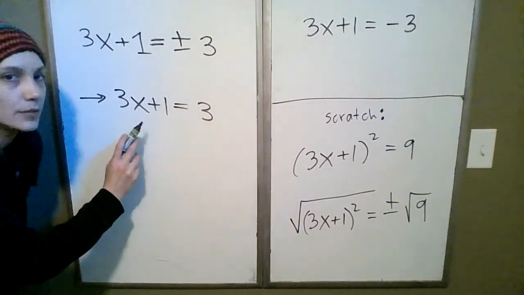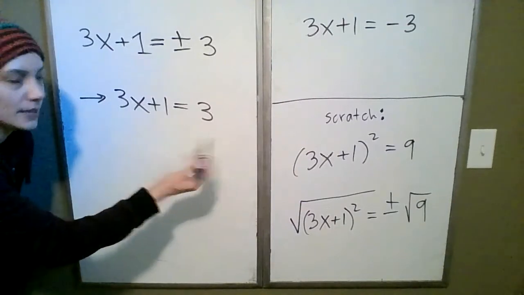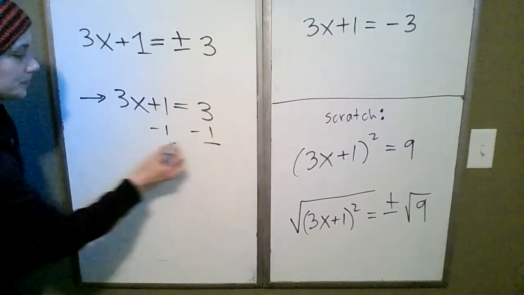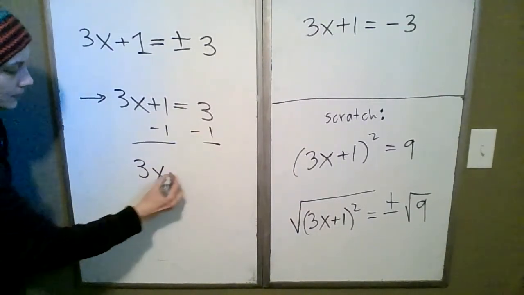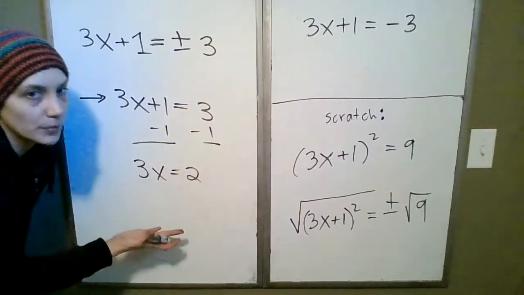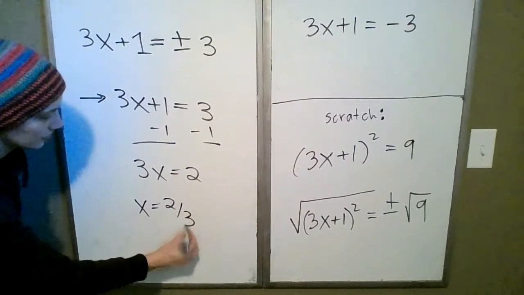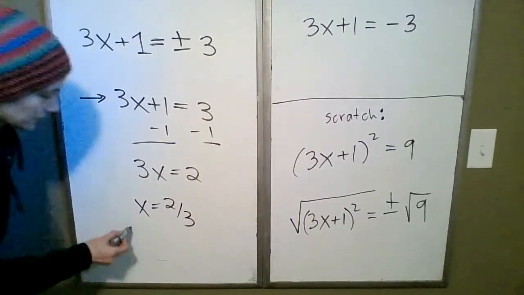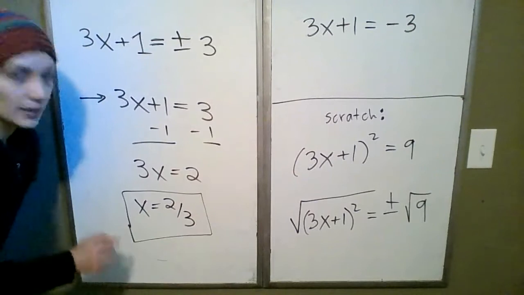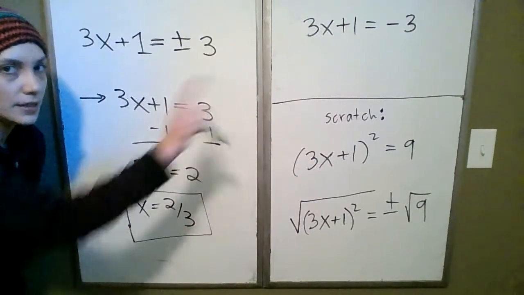3. Okay, from here, we subtract 1 from each side, and divide both sides by 3. Okay, that's one solution. There's another solution.